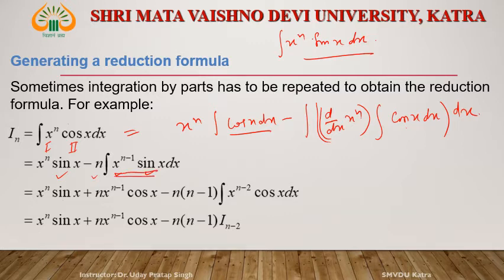again you integrate this. This is the first function and this one is the second function. So the first function is x to the power n minus 1.